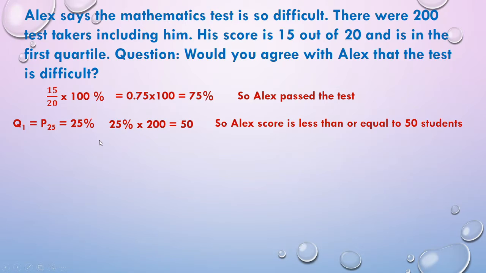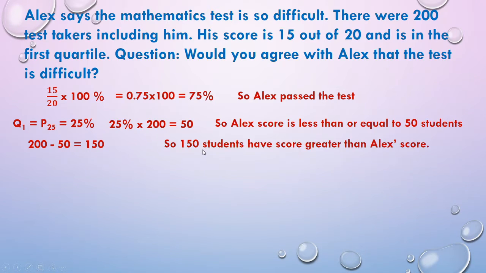Para natin malaman kung ilan naman ang nakakuha na mas mataas sa score ni Alex, ima-minus natin ito sa 200. So, 200 minus 50 is 150. Ano ibig sabihin nito? Ang ibig sabihin niyan, 150 students have score greater than Alex score.